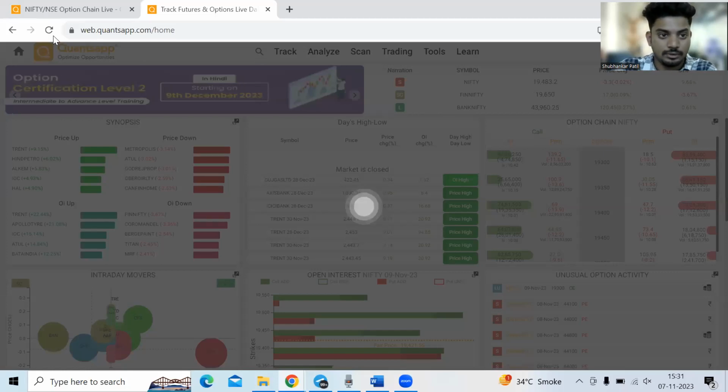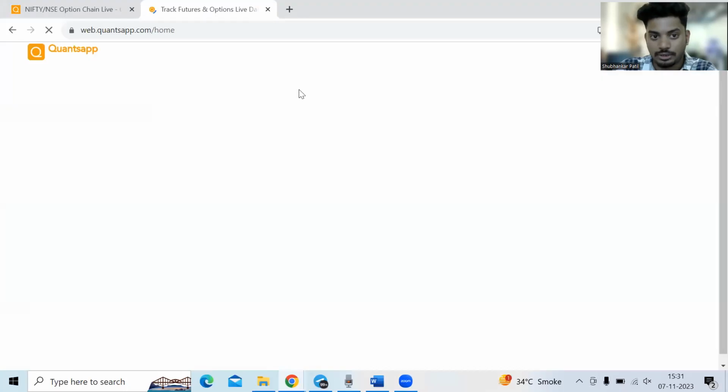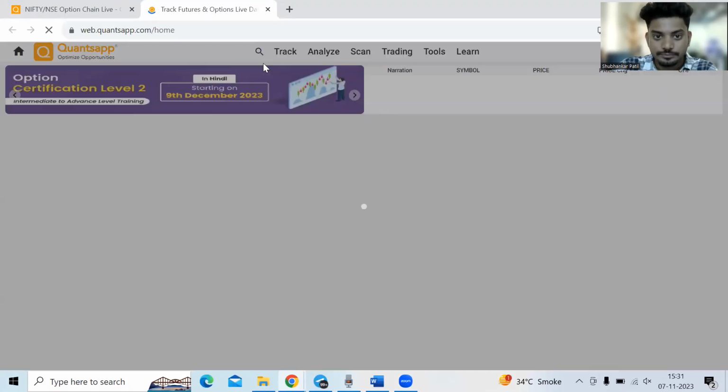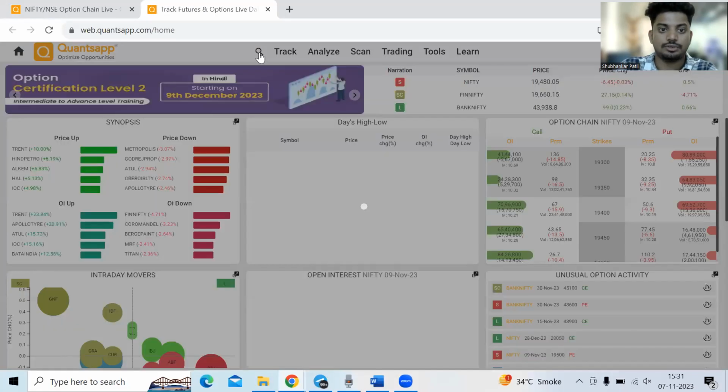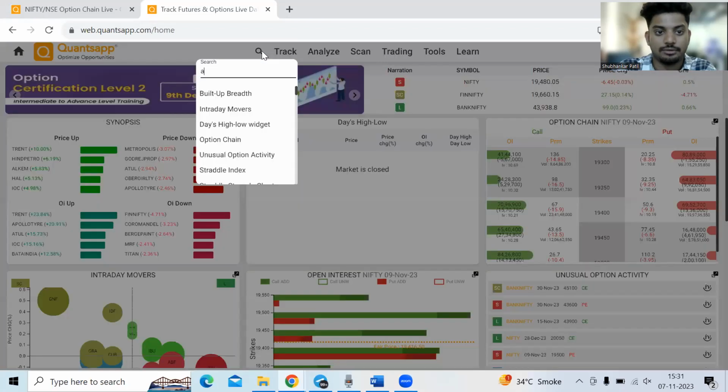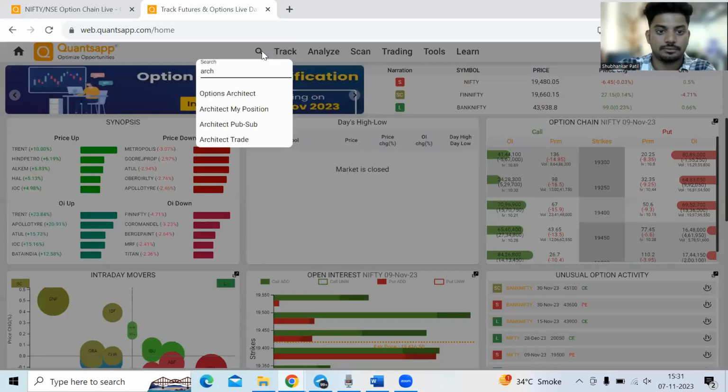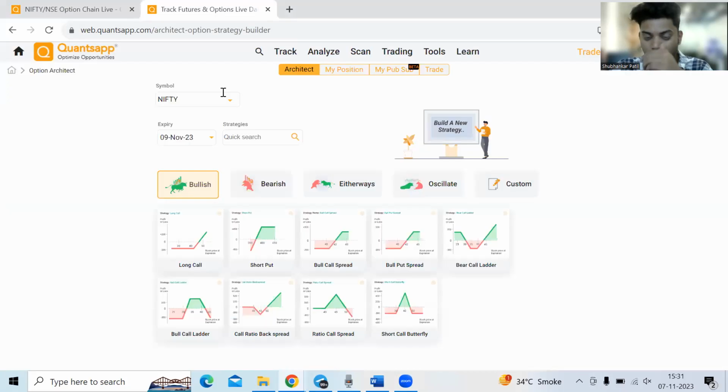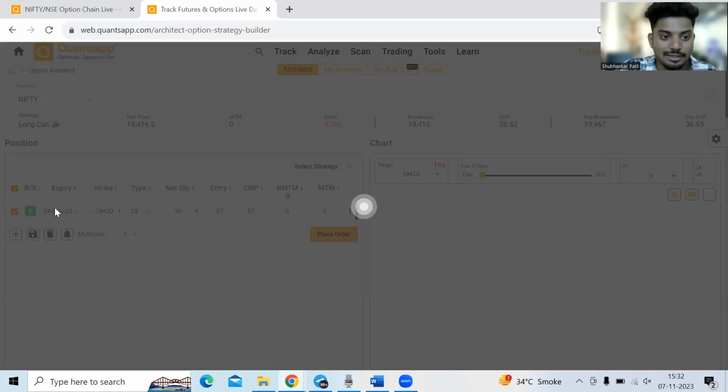Let me open Quantsapp in another tab. Let me use the search panel and navigate to the Options Architect tool in the application. Options Architect is a strategy builder that helps you analyze your option trading strategies like never before. The only thing we need to do is create a strategy and analyze it.